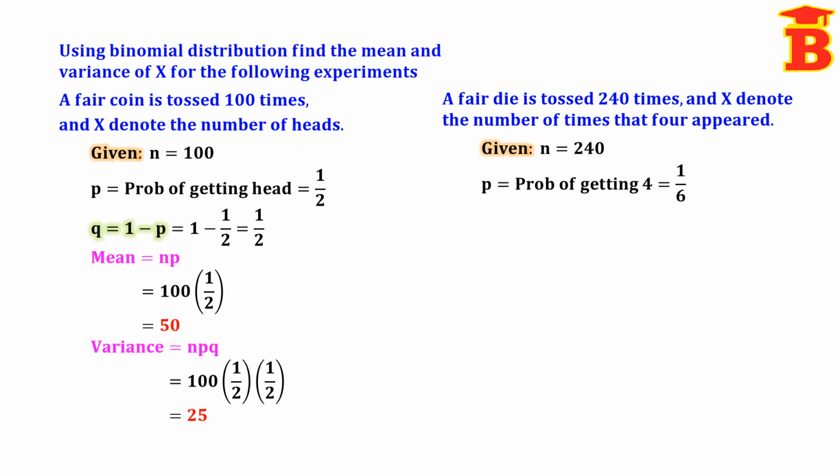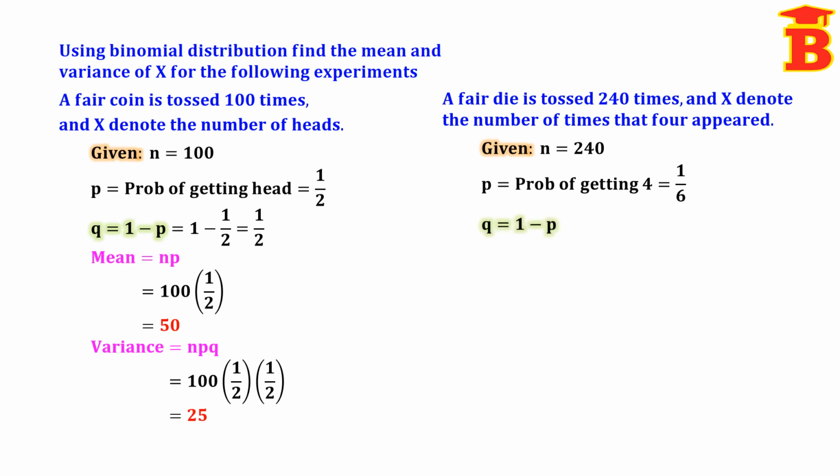Here p equal to probability of getting the number 4. See the question, we have to find number of times that 4 appeared. So that only we have to take it as p equal to probability of getting 4. In a die there are 6 possibilities. So getting the number 4, the probability is 1 by 6.